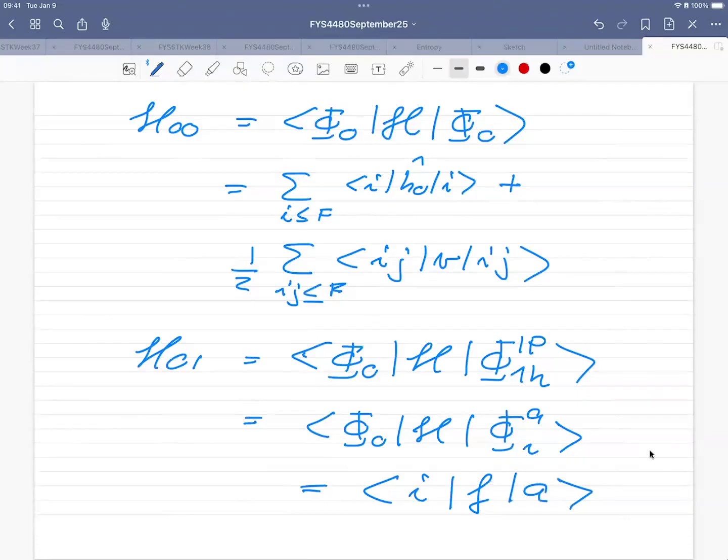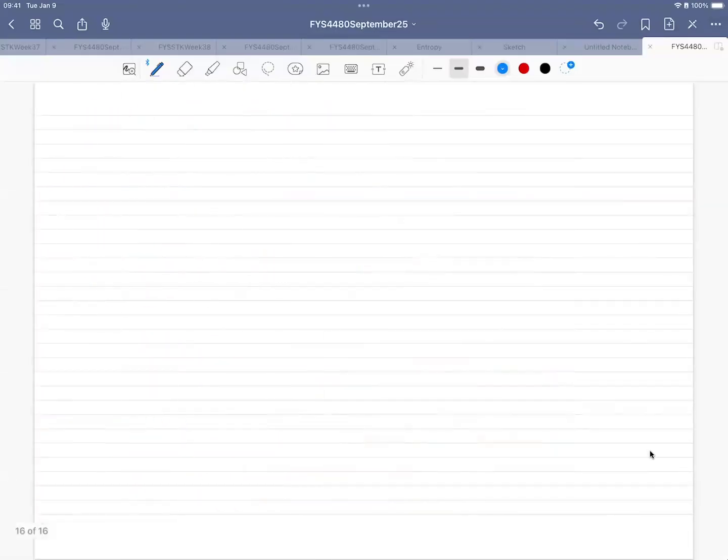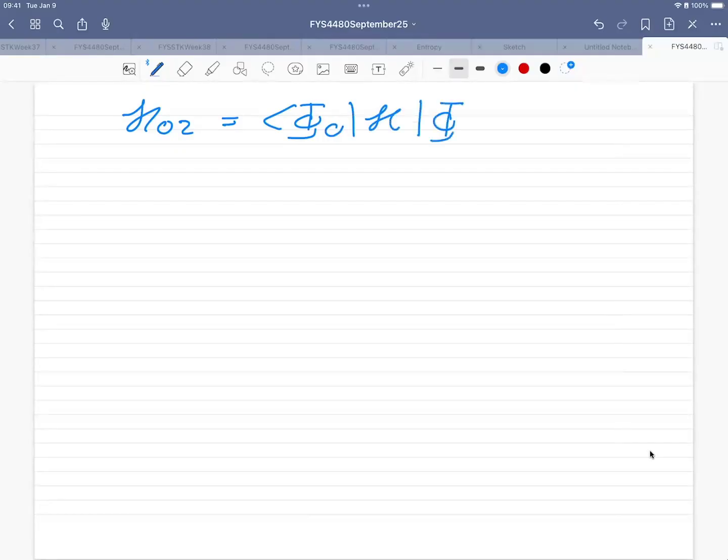Another element which we could look up, which we also calculated last week, is H02 here, which is the overlap between the ground state ansatz and a two-particle, two-hole state. And we did calculate these ones as well.